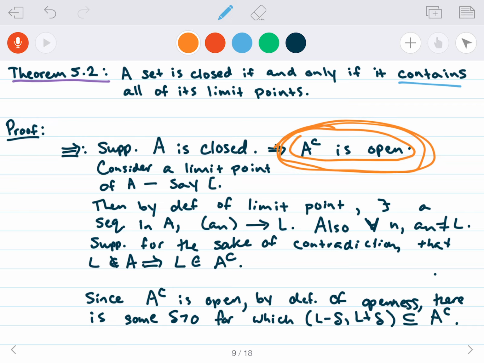We're just using the definition of a complement being open. There's some delta so that that neighborhood is completely contained in the complement.